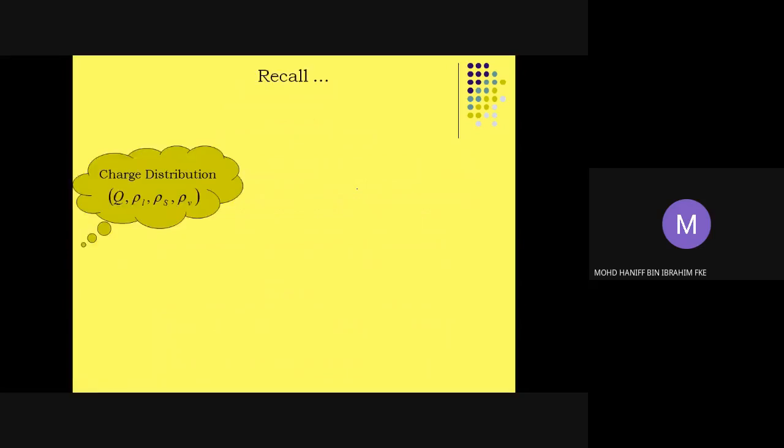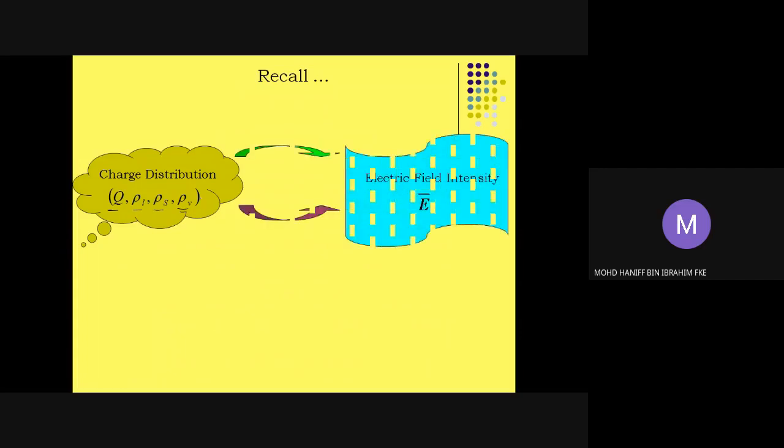Let's recall topics that we have learned previously in chapter 2 and chapter 3, in which if we have a charge distribution, we have a point charge, a line charge, a surface charge, and also a volume charge, we can use this charge distribution to find the E field intensity by two methods or two laws.